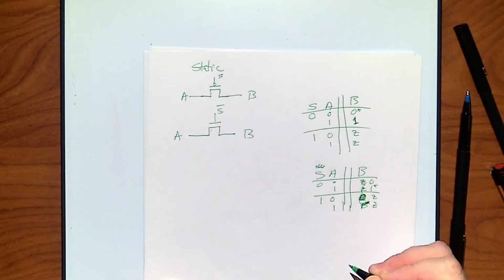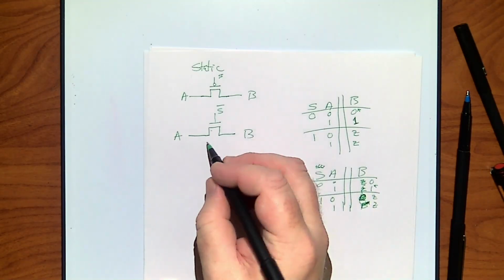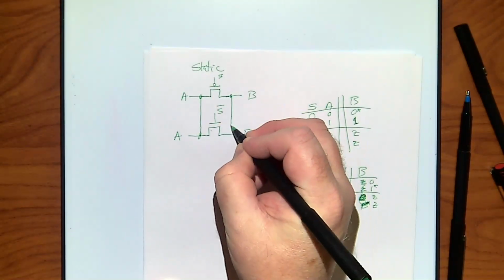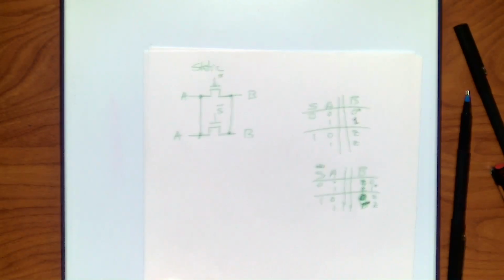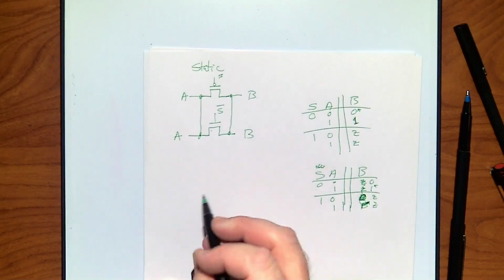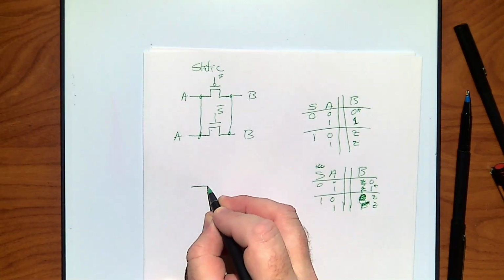Now they look compatible. So what if I were to connect these? Well, look at their tables. Do they look compatible? Yeah, we get strong 0, strong 1, exactly. And I've got it turned off when I want it off.